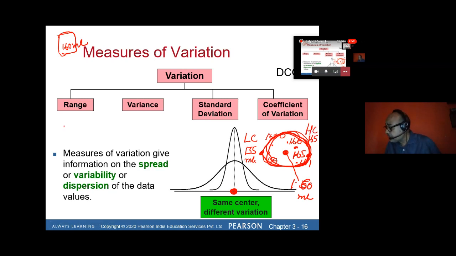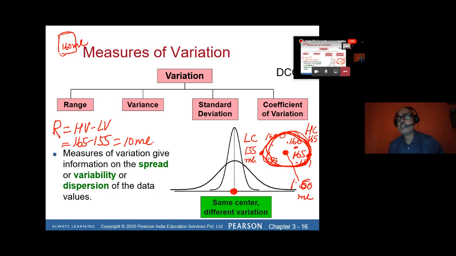So the difference between the highest value and the lowest value is called the range. That is, what is the range of the Fruity pack? You can say highest value minus lowest value, 165 minus 155, which is R. Am I clear? I think 10 ml is the range of the company.